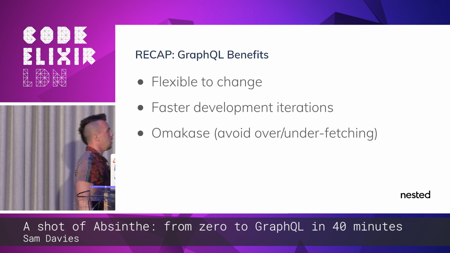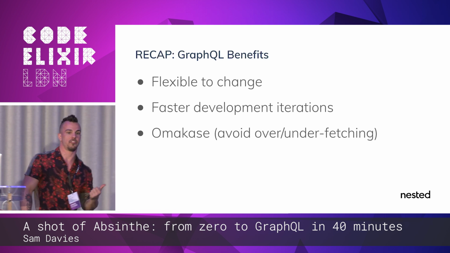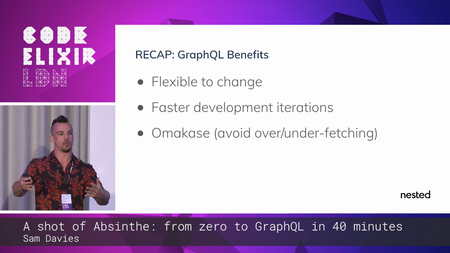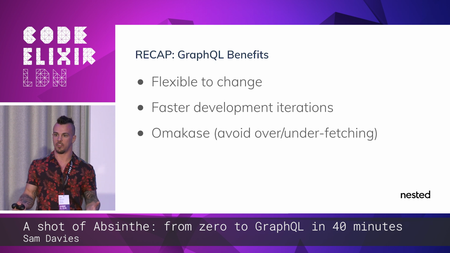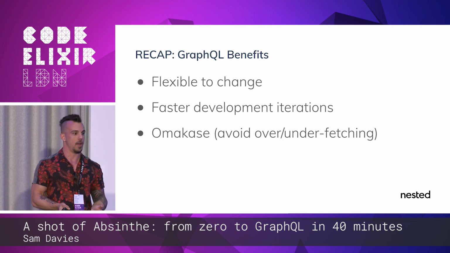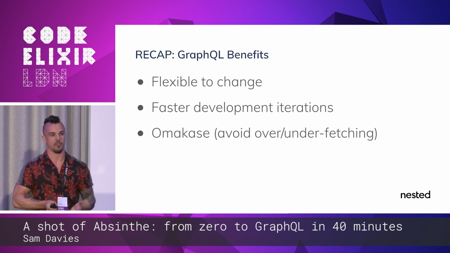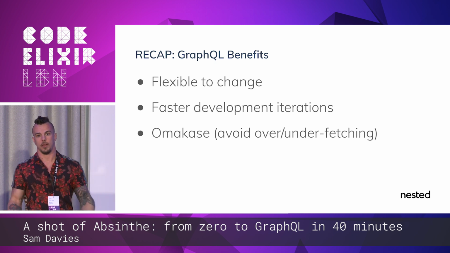So to recap, GraphQL benefits: it's flexible to change. It allows you to add to your graph, add to your schema over time, and deprecate, remove fields, change things in a structured way. If you were doing it with REST in the way that I showed with the parameter, for example, you would have a much more ad hoc way of managing this sort of thing, or you'd have to resort to versioning.